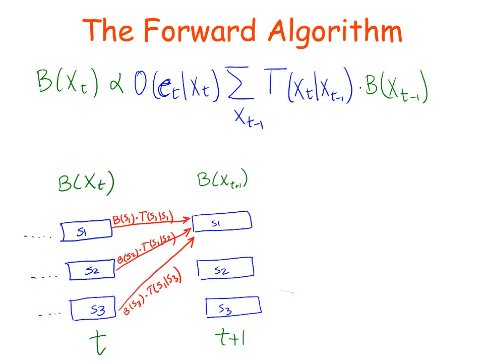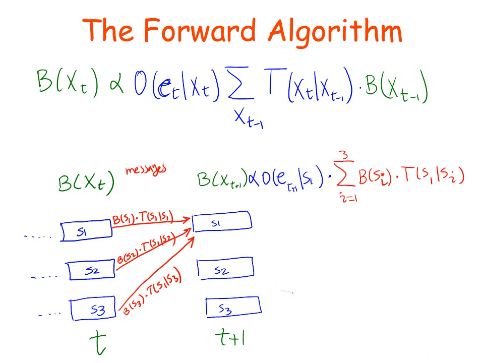We send messages from states in time t to states in time t plus 1, and then do a summation based on these messages to compute the belief about s1 and then s2 and then s3 in time t plus 1.